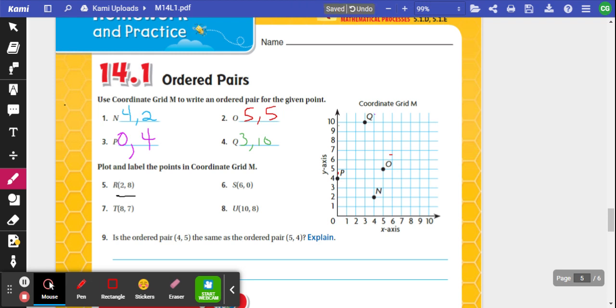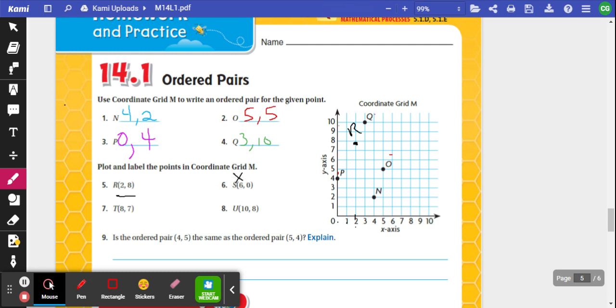Starting at the point of origin 0, I'm going to 1, 2 is right here. Now I'm going to move up 8, and I'm going to find 8, and I'm going to plot right there. And so here is going to be R. The next one is S, so it's 6, 0.